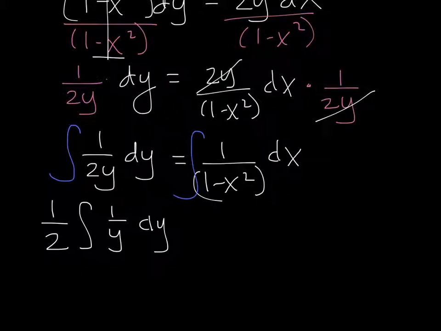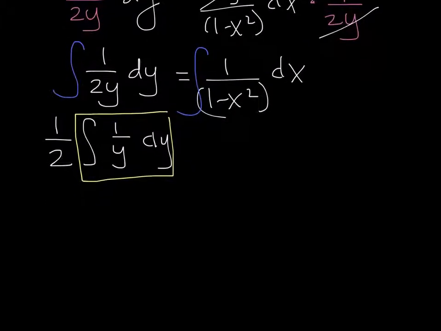The reason I did that is because it's easy to see that the integral of 1 over y with respect to dy is the natural log of y, because the derivative of the natural log of y is 1 over y. There's nothing wrong with leaving it as it was, but it's a little clearer to see the two parts here.